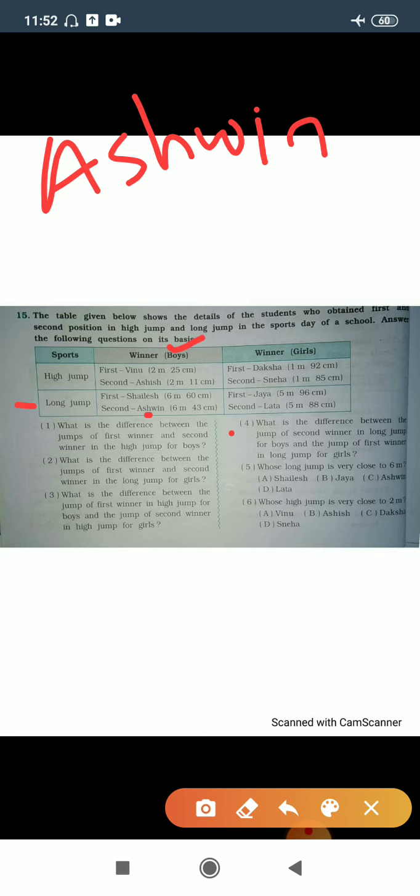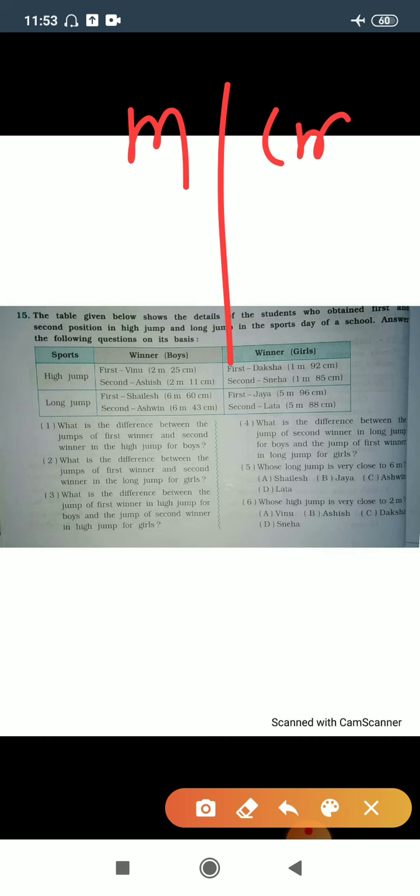The jump of first winner in long jump for girls. Okay, so who is the first winner? Jaya. Now we need to find out the difference of these two jumps. So Ashwin and Jaya's jump we need to calculate.